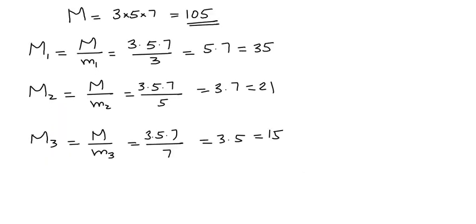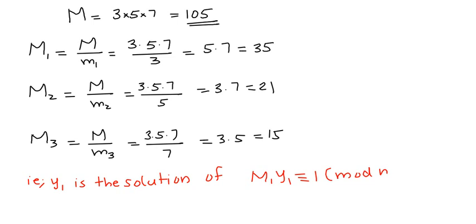So y1 is the solution of M1 y1 congruent to 1 mod m1, that is, 35 y1 is congruent to 1 mod 3.